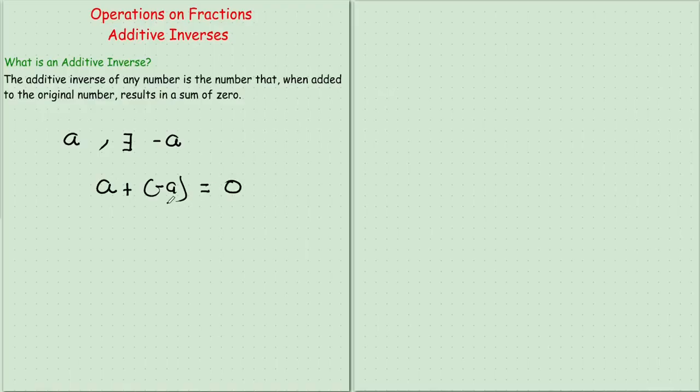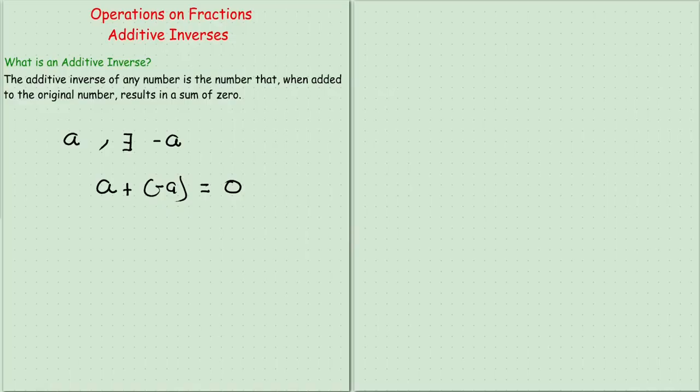This is all on the property of what? Additive inverse. So I'm taking it again. It states that if you have a as any number at all, then there exists a number, let's call it negative a, such that if you add a to its additive inverse, you get 0.